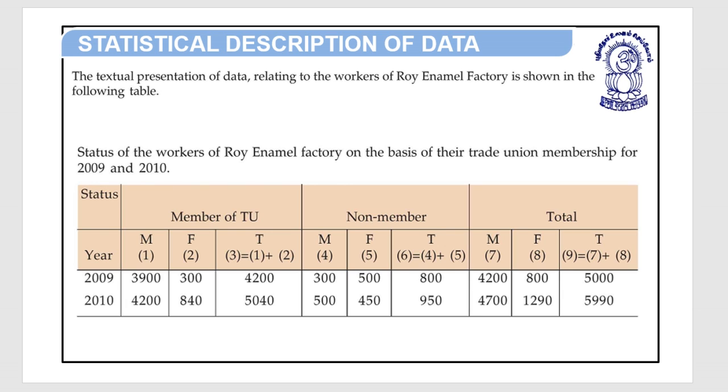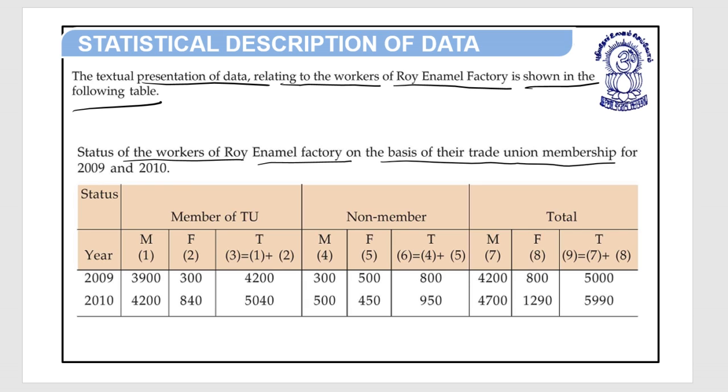The textual presentation of data relating to the workers of a raw enamel factory is shown in the following table. Status of the workers of the raw enamel factory on the basis of their trade union membership for 2009 and 2010.